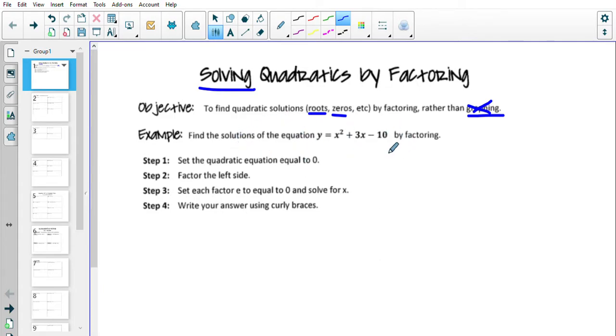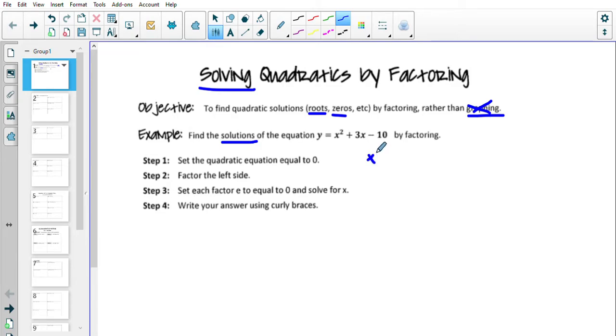So let's take a look at this example here. It says find the solutions of the equation y equals x squared plus 3x minus 10 by factoring. So the first step, and this is always anytime it says solve: whenever it says solve, the first thing is always to set it equal to 0. So that's what we're going to do.